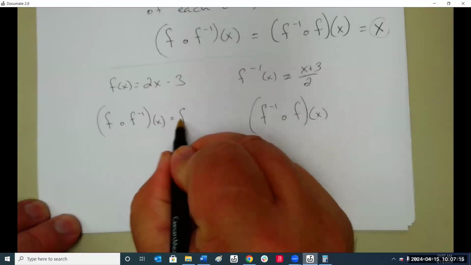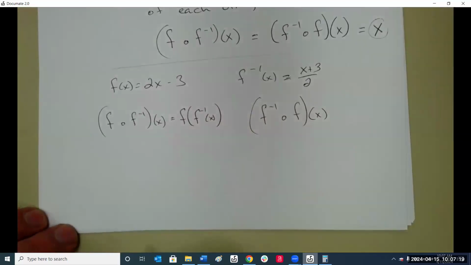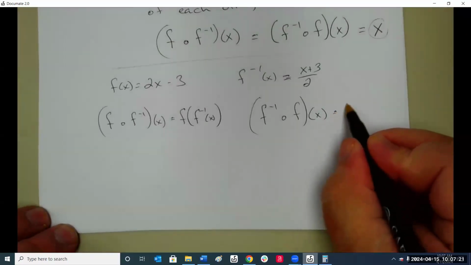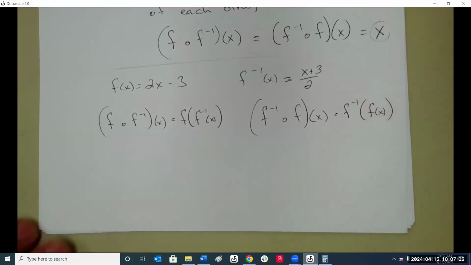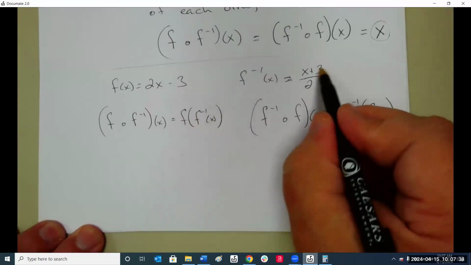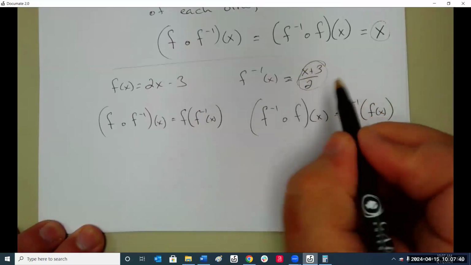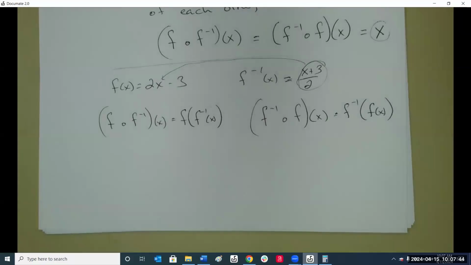Remember what this one says. I take my inverse function, and anywhere I see an x in the original, I put it in place of x.